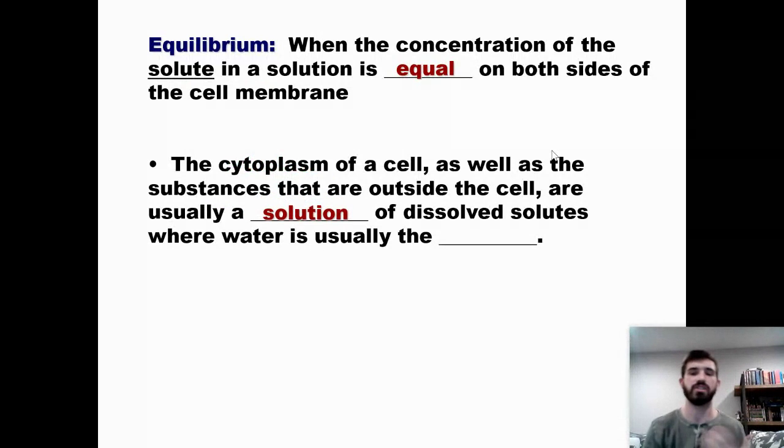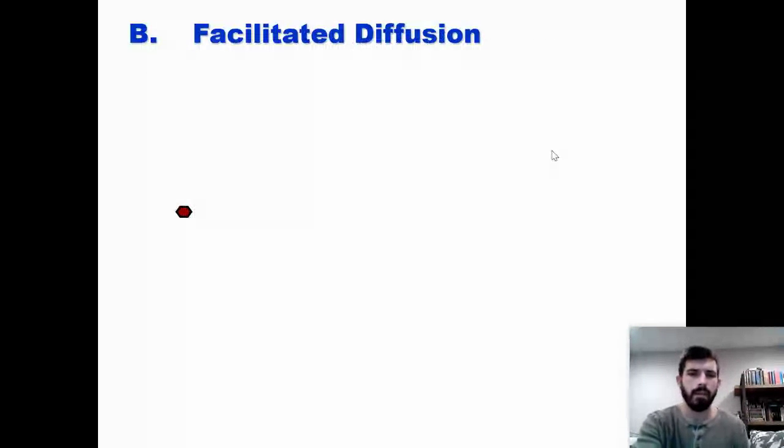A solution is just a mixture of liquid and stuff dissolved in the liquid. Usually water is that liquid. Water is the solvent, and the stuff that's dissolved in it are the solutes. All right.